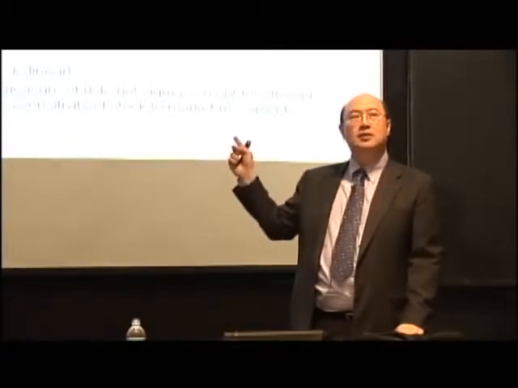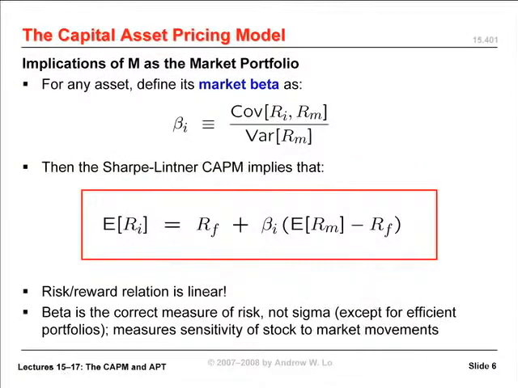Okay? So an asset that helps you hedge what is essentially unhedgeable, in other words, the market portfolio, can benefit you a great deal. As a result, it's going to be very hard to find negative beta securities or assets.